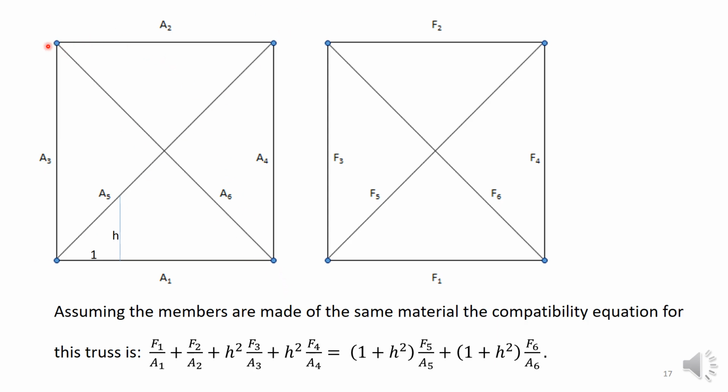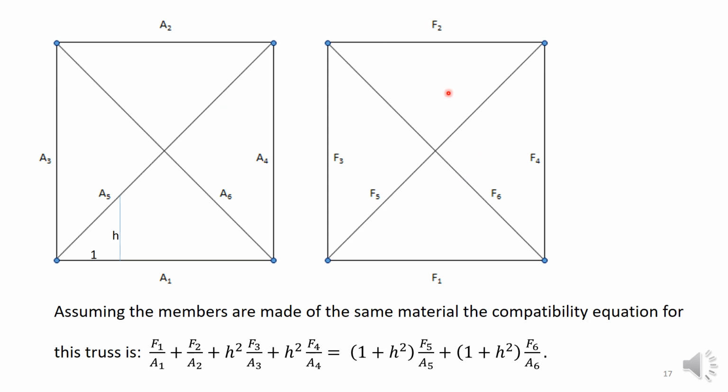I'm assuming the ratio of vertical to horizontal is h/1, and the areas of cross-section of the members are A1 for this member, A2, A3, A4 on this side, A5 for this diagonal, A6 for this diagonal.